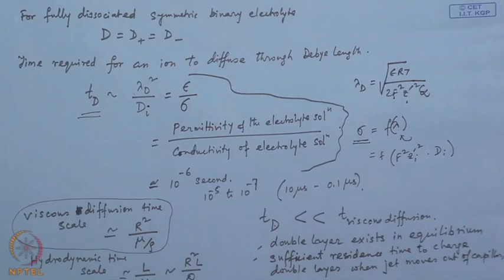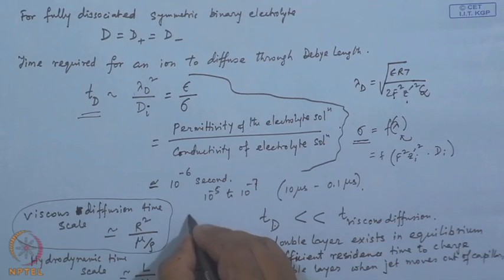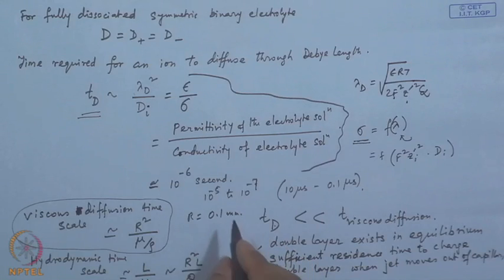Fortunately, for R equal to, say, 0.1 millimeter, this viscous diffusion time scale for common materials that we handle will come to about 10 to the power 4 microseconds.